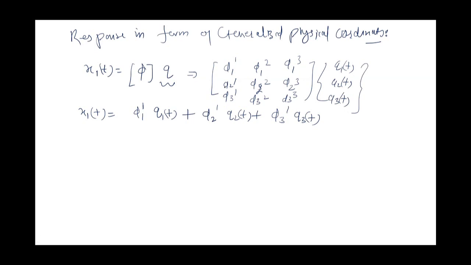We can use the modal matrix, and q1(t), q2(t) and q3(t) we have already found.